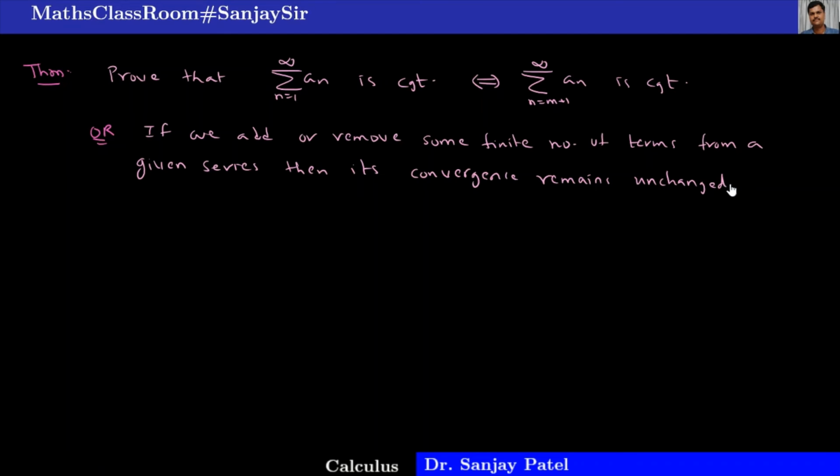Means if the original series is convergent, then if you add something or if you remove something from that, it remains the same. It is convergent and remains convergent, and if it is divergent, it remains divergent.